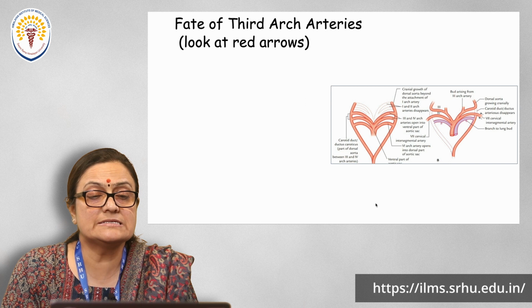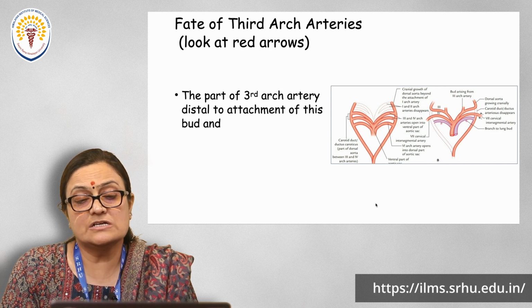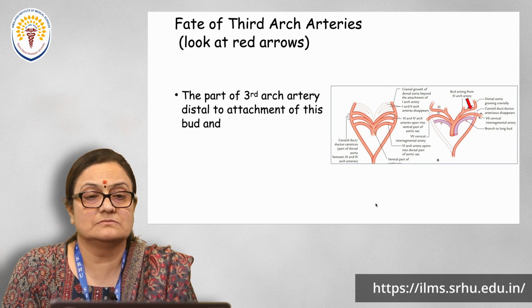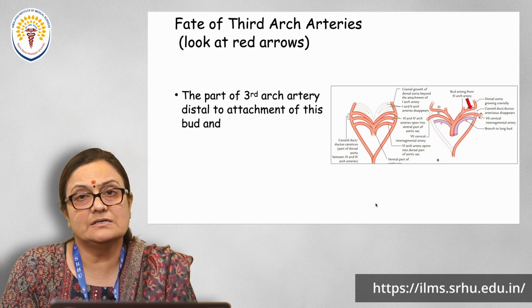And if we move to the next step, now focus on the part of the third arch artery distal to the attachment of this bud. So, if we keep this bud in mind, there is a part proximal to it and there is a part distal to it.